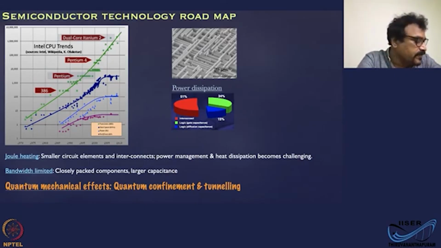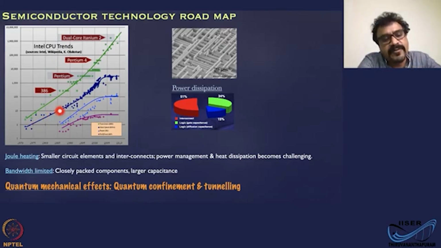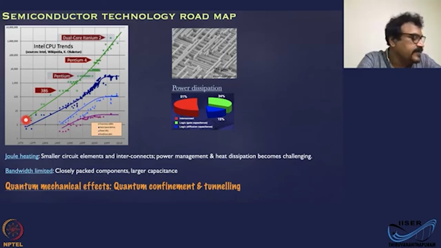You can also see some of the other performance parameters such as the clock speed and power used. As you can see, the green one is the number of transistors that has gone up pretty fast. This is one version of Moore's law.